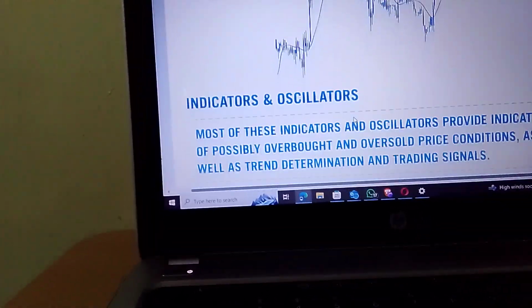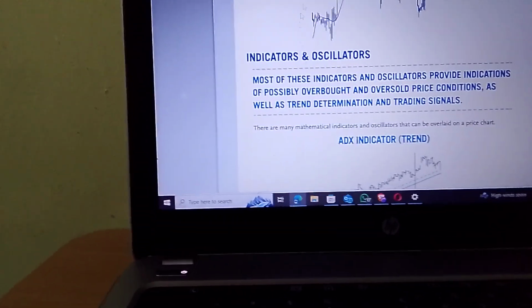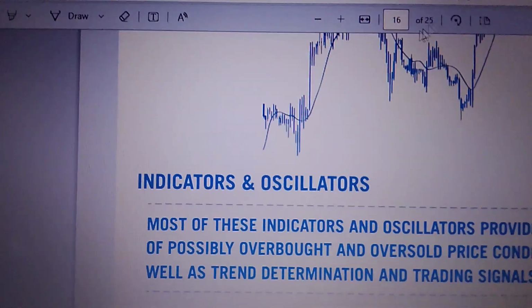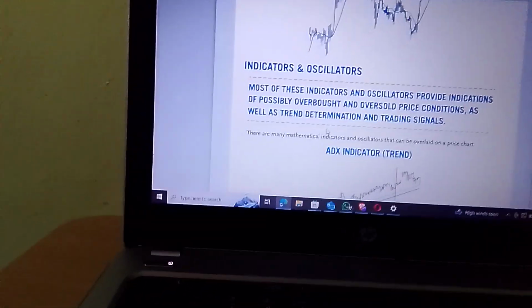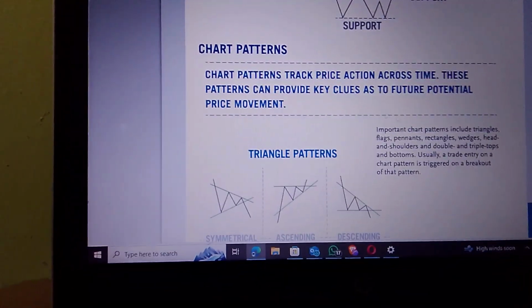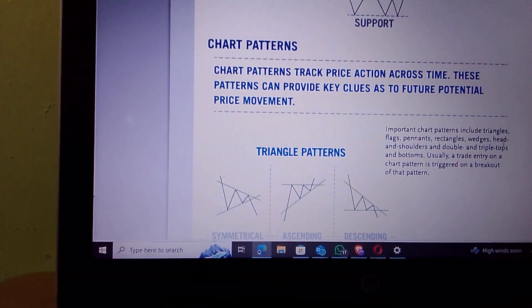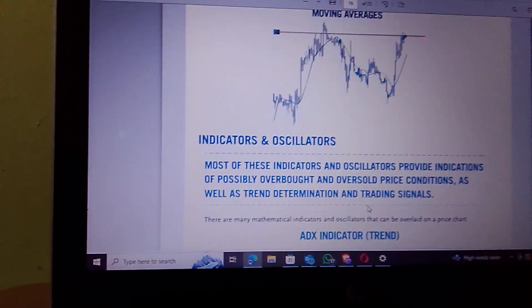We'll need to do further research on that. These are just highlighted. I guess this book is ending on page 20, and then the rest 5 pages are just questions. I think now they're just highlighting, but we'll need to look for another book to go through this part of important chart patterns: flags, pennant, triangles, rectangles, wedges, head and shoulder, and double and triple tops and bottoms.